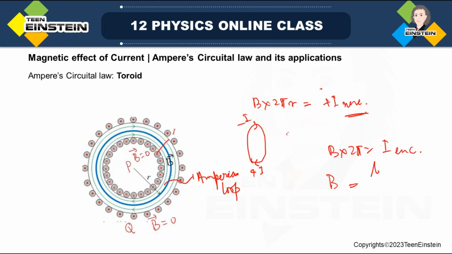So B will be, there will be R, right? If there are N turns, then it is N I enclosed by 2 pi R. And obviously there will be mu 0, as you know. So mu 0 small n into I.